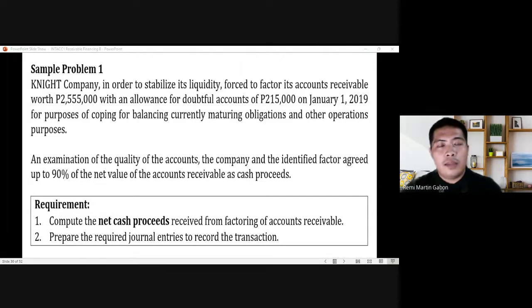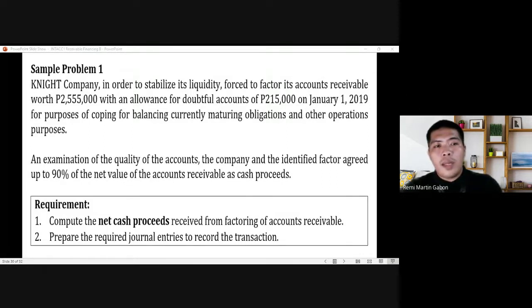How much is that? Okay, the others were able to get 2,340,000. So that is the value that we're going to use as the net value of accounts receivable.